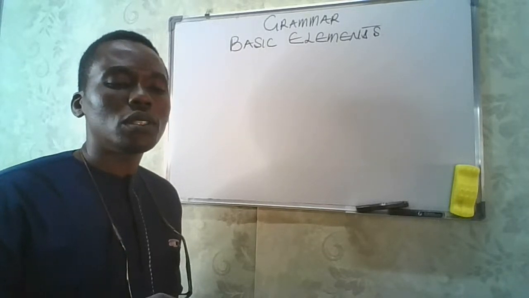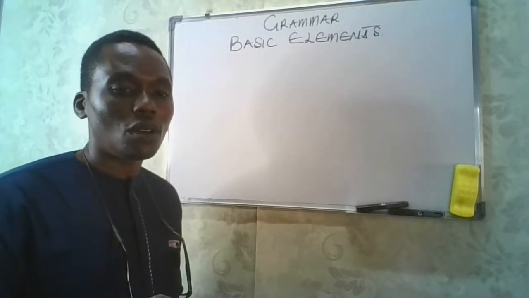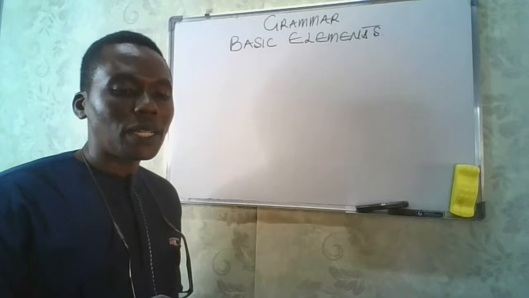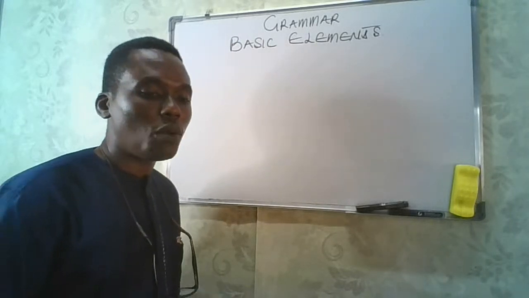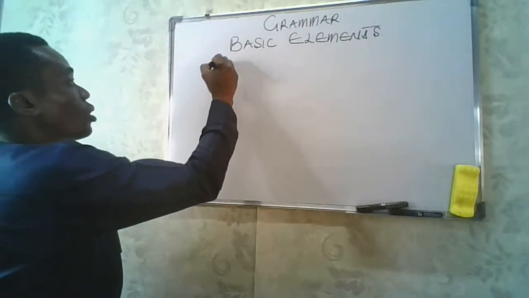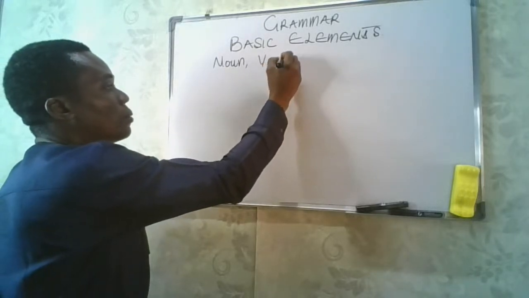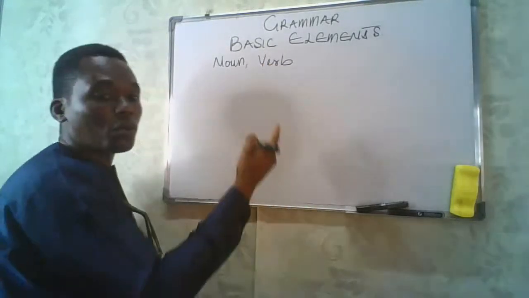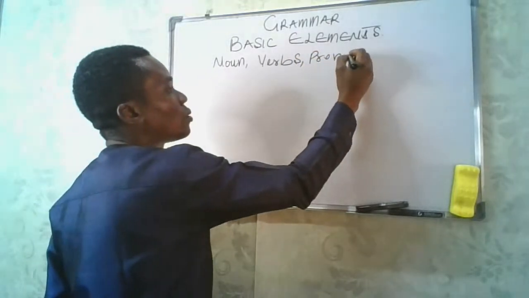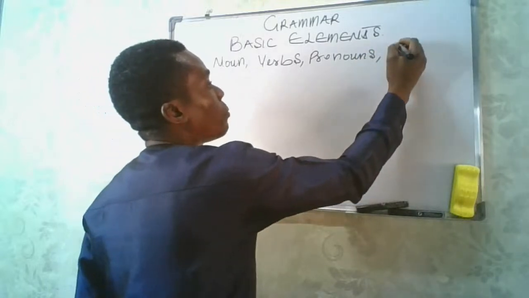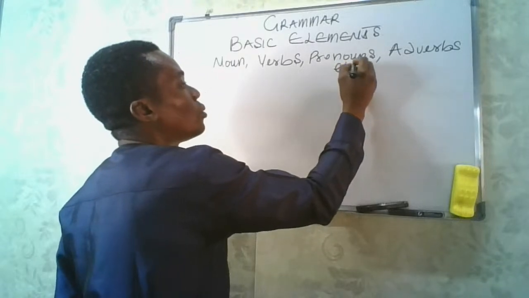So when we talk about the basic elements of grammar, what do we really mean by the basic elements of grammar? Now, part of speech, when we talk about grammar, we talk about the parts of speech. And when we talk about the part of speech, we talk about noun, we hear of verb, we talk about pronouns, we talk about the adverbs, and lots more.